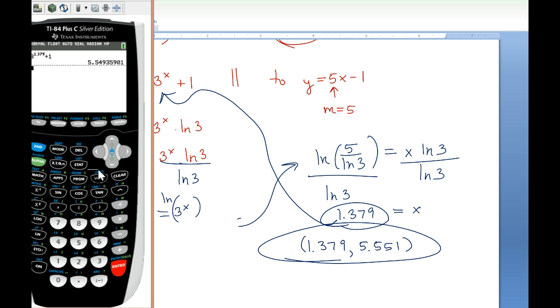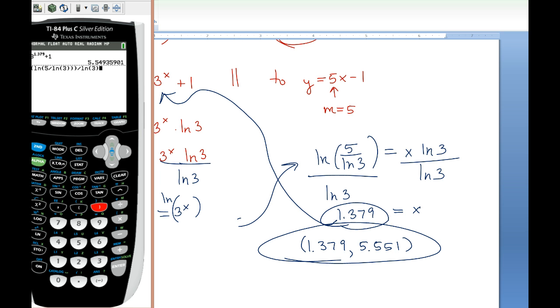Generally speaking, if you get a decimal, remember how I showed you to store the value? It's a good habit to get into, storing that value as x or any other variable, and then using that value over again. So let's say we have ln of 5 divided by ln of 3, and I want to divide that by ln 3.